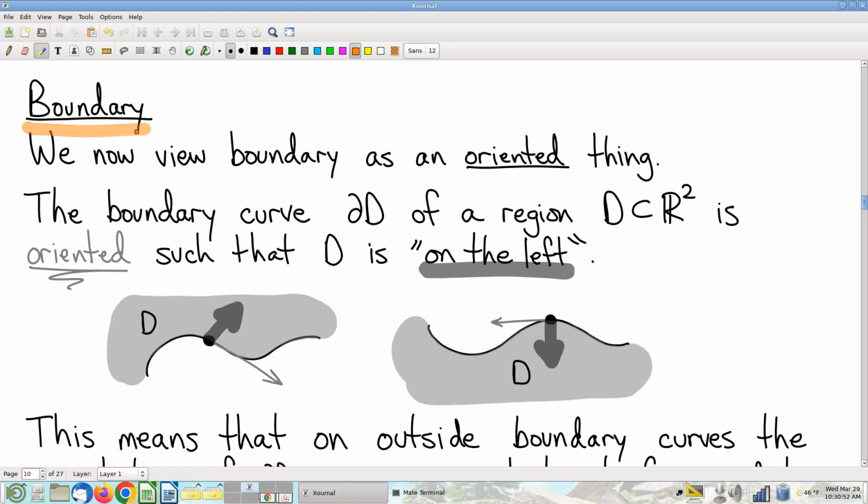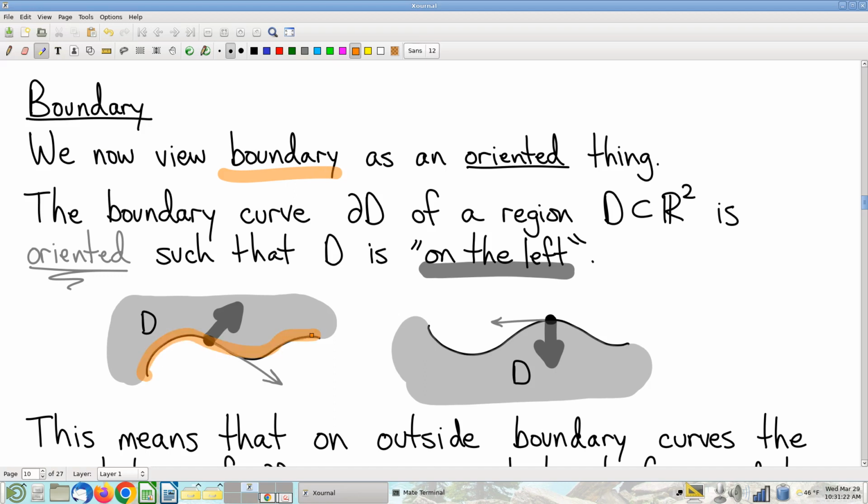Now, we've talked previously about curves. At this point, if you're talking about vector line integrals, which we will be in just a minute, your domain is not just a curve. Your domain is an oriented curve, and the oriented part is very important to the understanding of what a vector line integral is. So, all right, well, if you think about it, if you ask what the boundary of a two-dimensional region is, well, the boundary is going to be a curve.